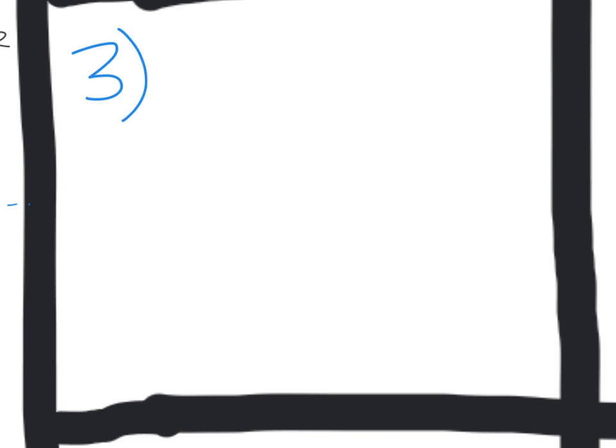So let me give myself a little bit more space here. 6, 18, 54, 162. Okay, so if you notice here, for this sequence, we are actually multiplying by 3 to get the next term in the sequence. So 6 times 3 makes 18, 18 times 3 makes 54, 54 times 3 makes 162.